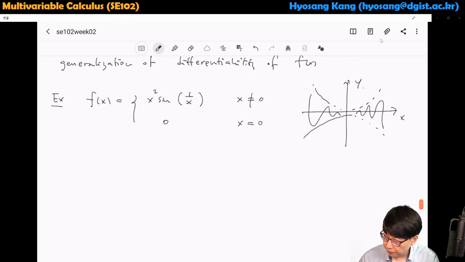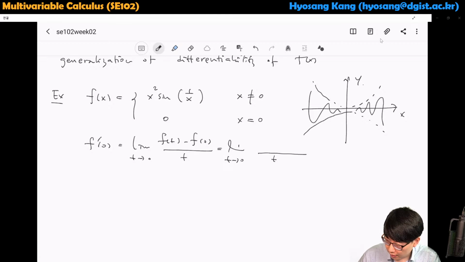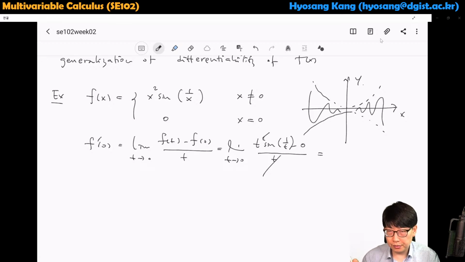So this is y. Now think about the tangent line. If I define my L of x, I should first take f prime 0. The definition says when t goes to 0, I need to take f of t minus f of 0. f of t is t squared sine 1 over t, and f of 0 is 0. And we have t cancelling out. And sine 1 over t is always bounded by minus 1 and 1, so when you multiply by t, it always goes to 0.